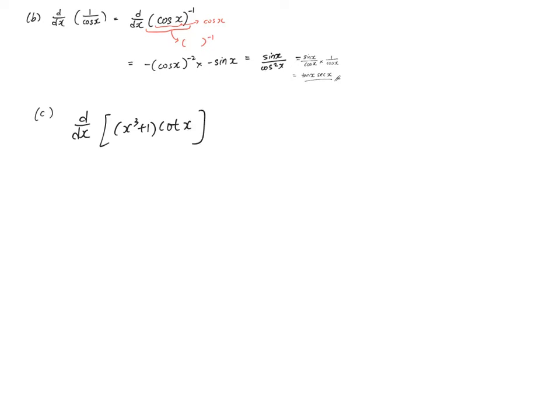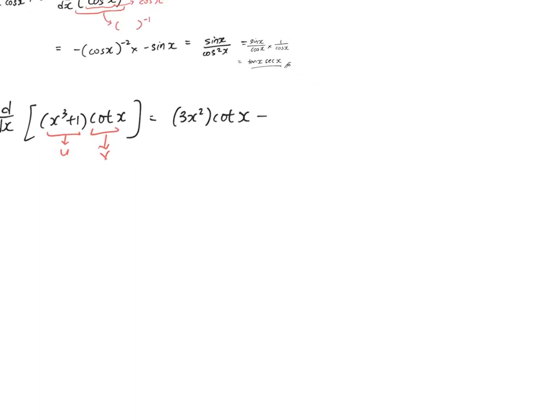We can basically treat this as u and this as v, and when you differentiate them accordingly using the product rule, if I differentiate u, I get 3x squared, I keep my v, and if I differentiate v, I differentiate cotangent x, that's going to give me minus cosecant squared x. So differentiating cotangent will give me minus cosecant squared x. I can put it this way, multiplied by u, which is x cubed plus 1.